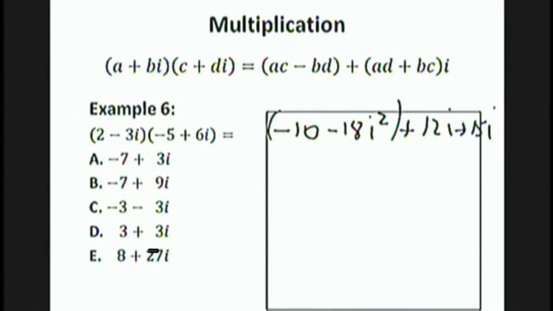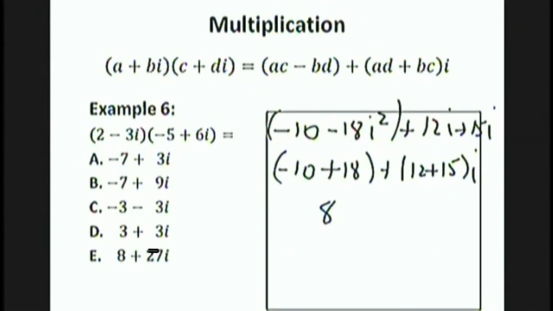Now, since i squared is negative 1, this actually becomes negative 10 plus 18. And here we have plus 12 plus 15 times i. So the final answer is 8 plus 27i, and that is choice E.